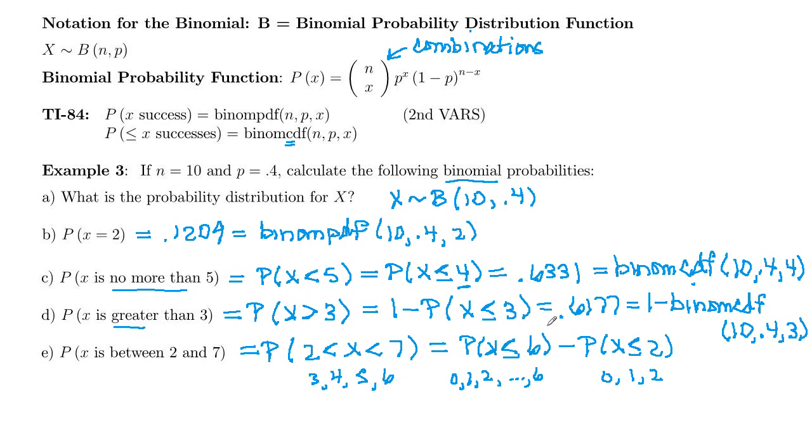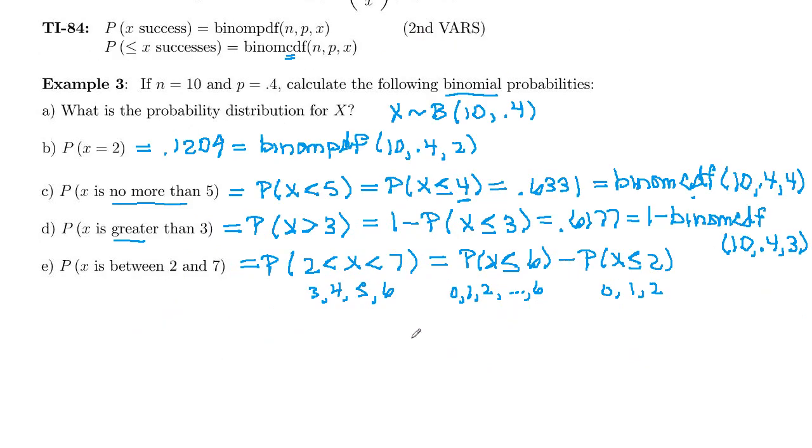So it takes these out, and then you've just got 3 through 6. Each one of these is going to be a distribution menu. Let's write out the command first. This is binomial, so binomCDF, still 10 trials, p is 0.4, and we're summing up to 6, x equals 6.